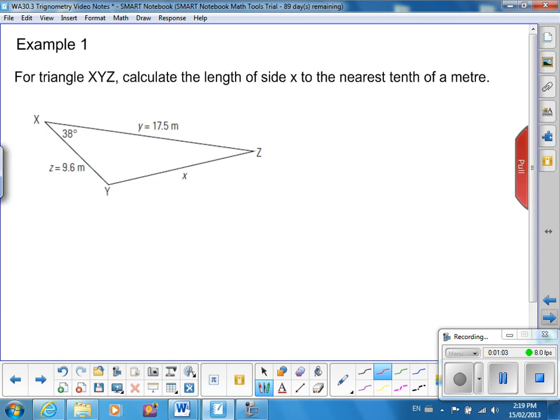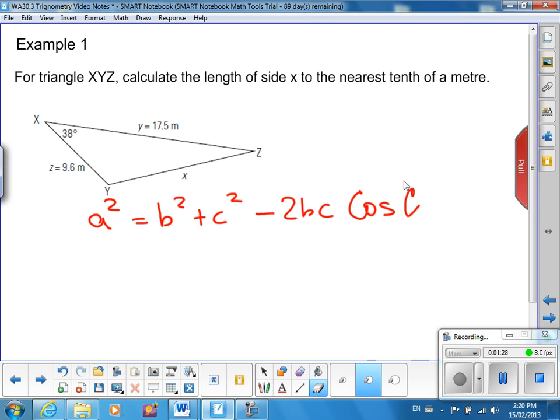Okay, let's try example 1, x, y, z, and calculate for side x to the nearest tenth. So I need to use the formula because I'm looking for a side. A squared equals b squared plus c squared minus 2bc cos A. It might be easier if we change the letters on this to match our formula.